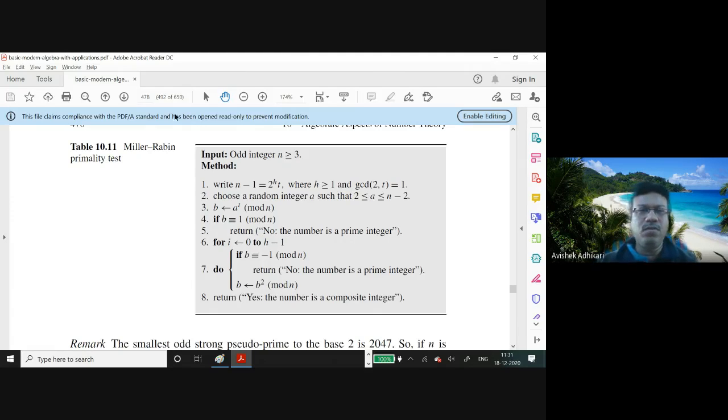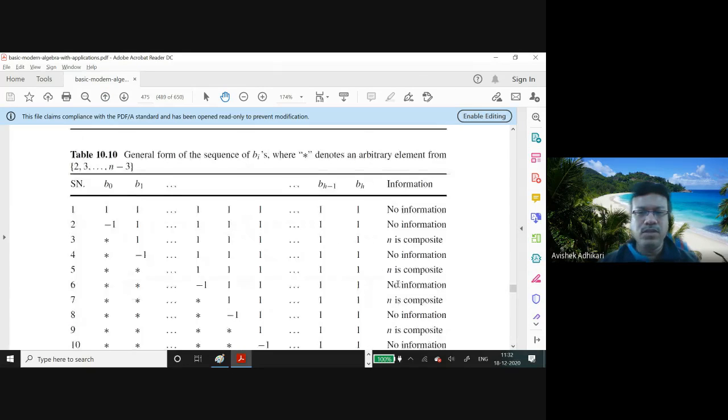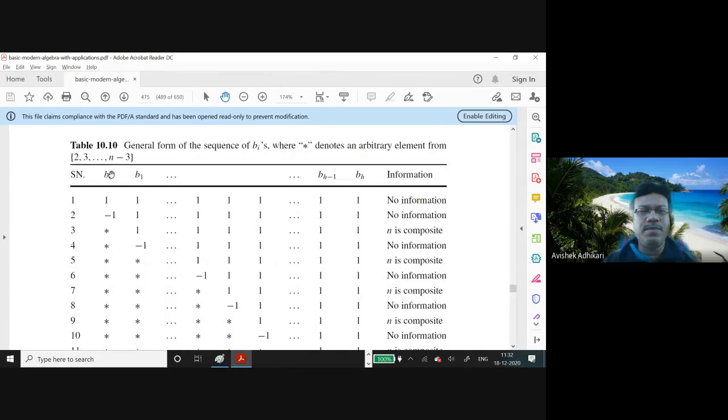If you go back to my slide, here, at the very first step, b0 is nothing but a to the power t. If this value is 1, then your conclusion is no information.